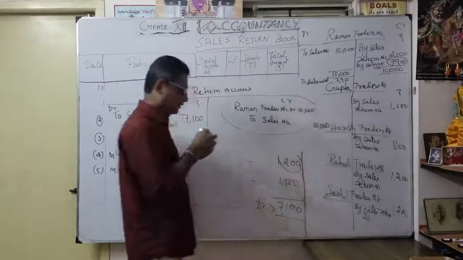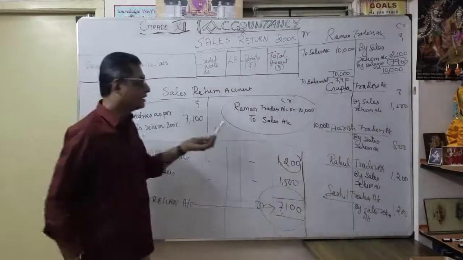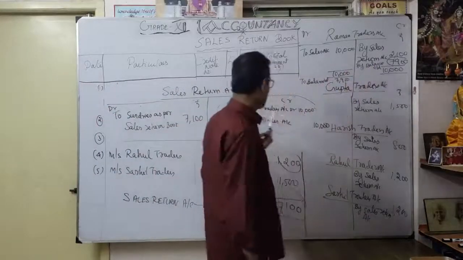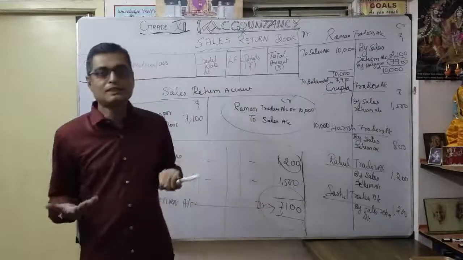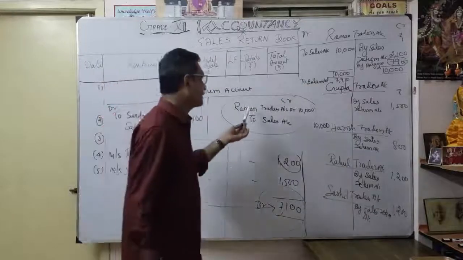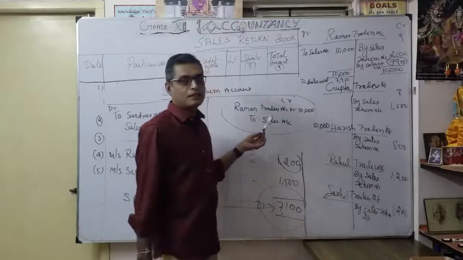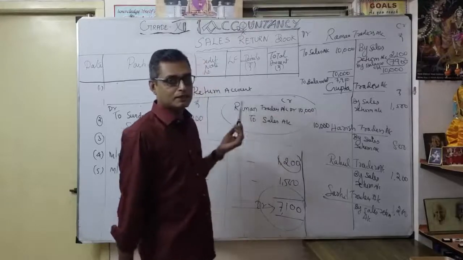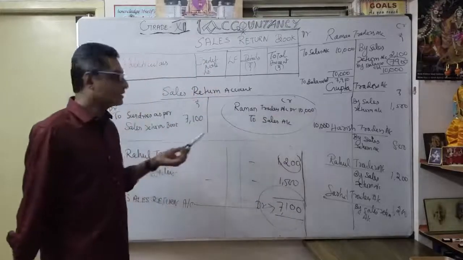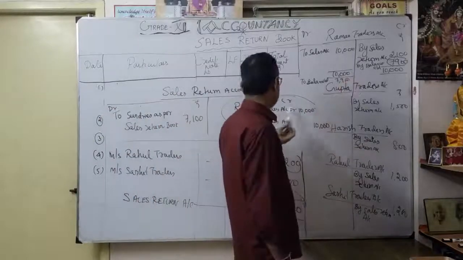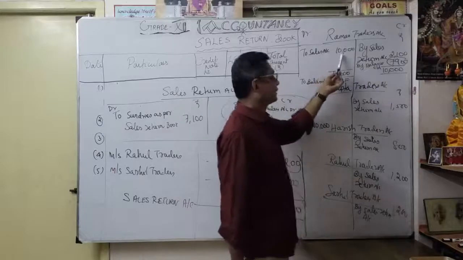So earlier we made some sales, debiting Raman Traders account and crediting sales. As the name itself says, it is considered a credit sales. Raman Traders comes under personal account, he is the receiver, and sales comes under nominal account as income or gain. Correct. Debit all expenses and losses, credit all income and gains. So we post Raman Traders account to sales account 10,000.